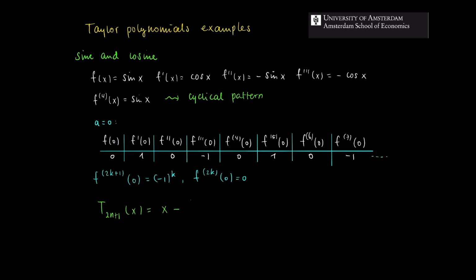Then the second order derivative vanishes, so I don't have a term x squared. Instead, I have minus 1 times x to the power 3 divided by 3 factorial, etc. Here you see that only odd powers appear in the Taylor polynomial for the sine. So we get this as a Taylor polynomial.